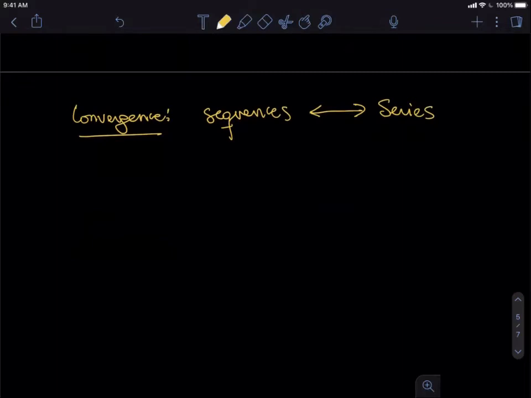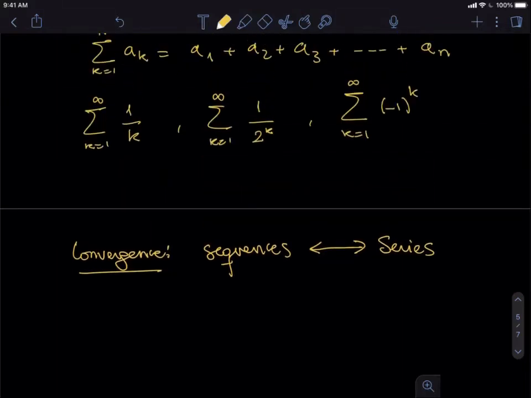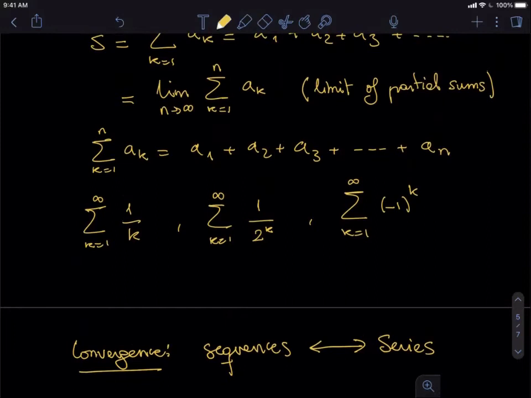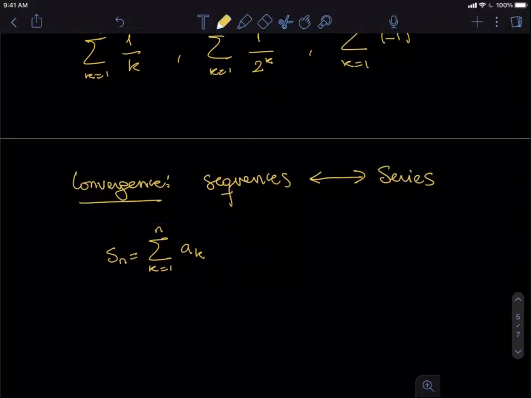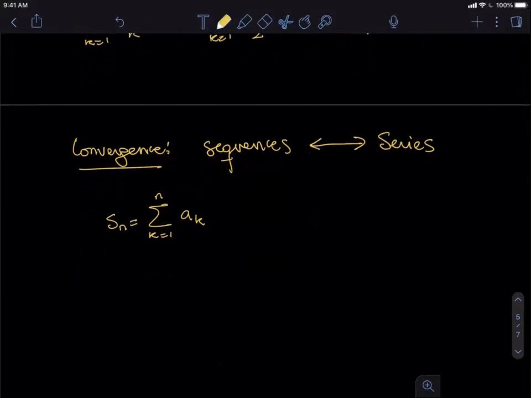Because whenever we have a partial sum that we will call Sn, whenever we have partial sums, what we can do is to write each of the an from the sequence.